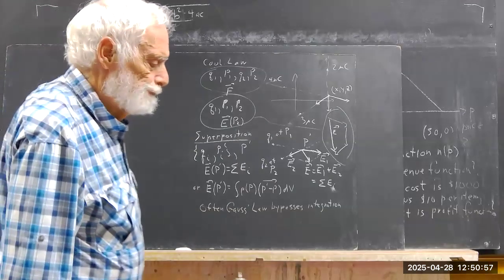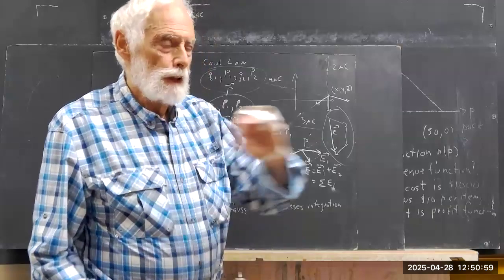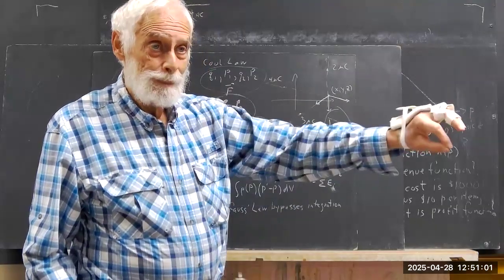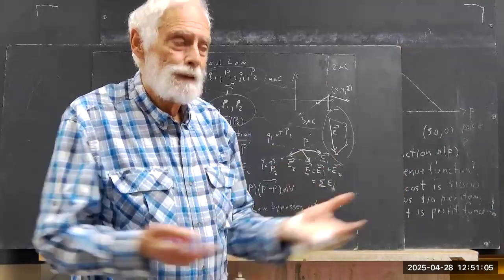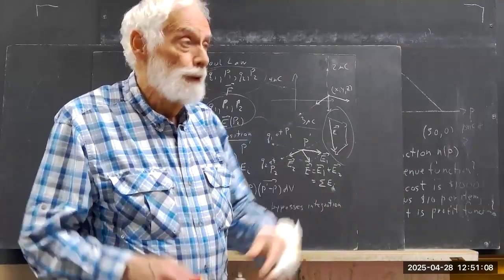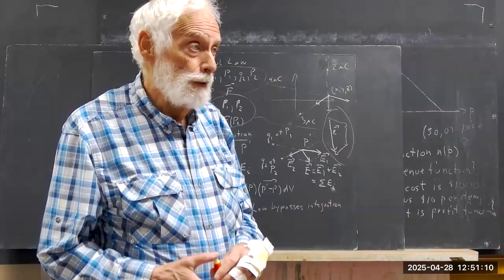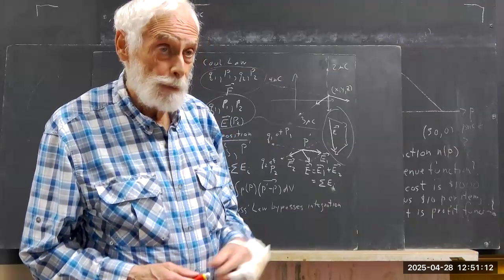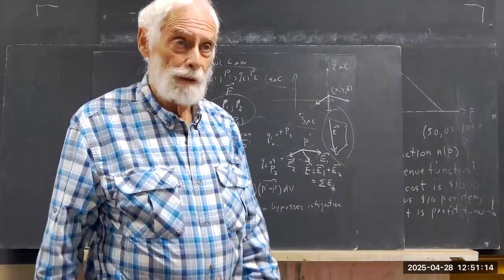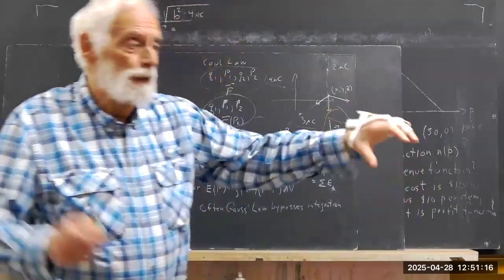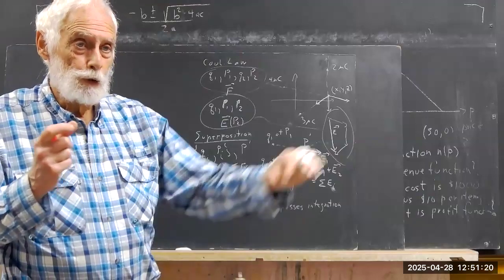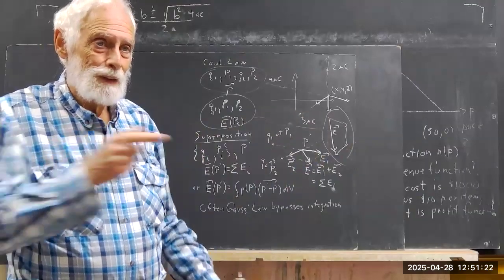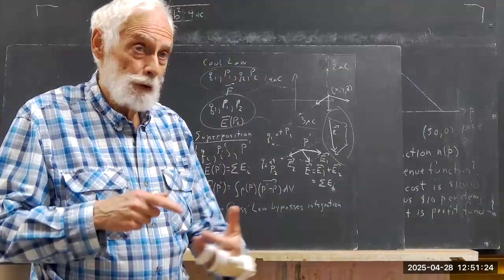Now, if I give you a line distribution of charge, a continuous distribution, you should know how to do a Gaussian surface, a cylinder, and calculate the electric field. I'm not going to depict that; we've seen it in class. I've used plastic tubing along with a straight rod to demonstrate.